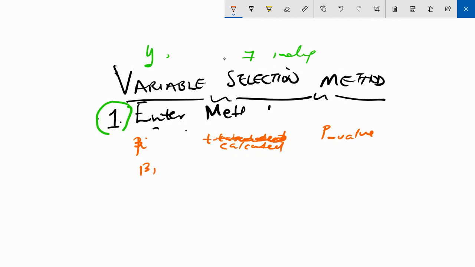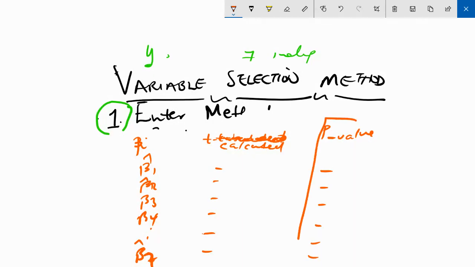Maybe it's B1, the estimated values for B2, B3, B4, up to B7, suppose we have 7 independent variables. Together with their T calculated and the P values. So by looking at your P values, you'll be able to tell which variable is important to be in the model, which variable is not important to be in the model.